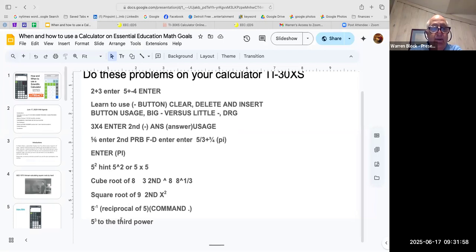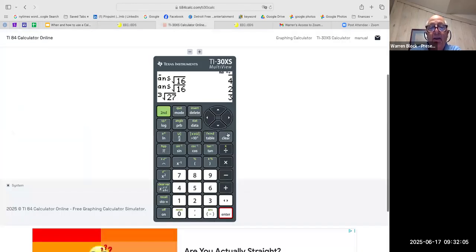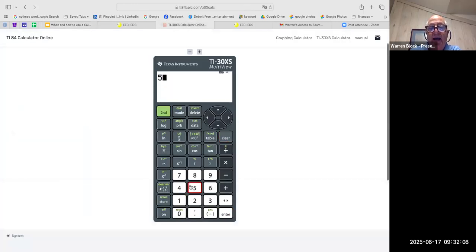The cube roots, square roots, reciprocals. -1 is the exponent on the reciprocal. So you can do 5. There's an x to the -1 button above the 7. That'll give us 5 to -1, which is the reciprocal. We can convert it to a decimal. I don't know why I put y equals there. Yeah. Oh, because the table button is activated here.